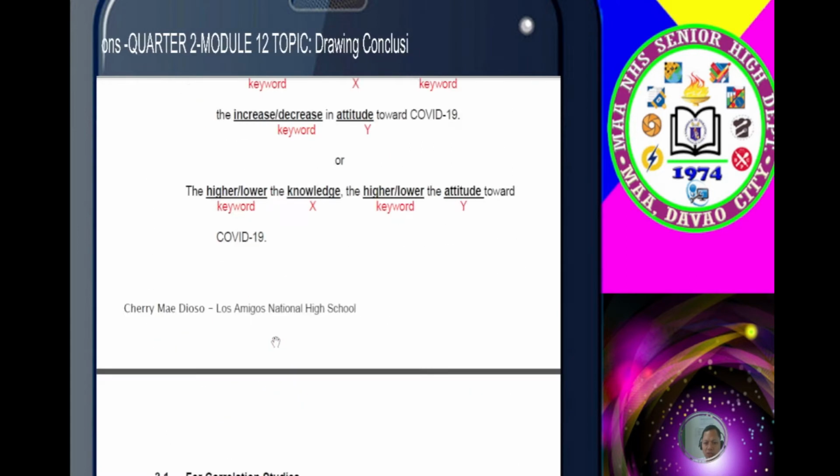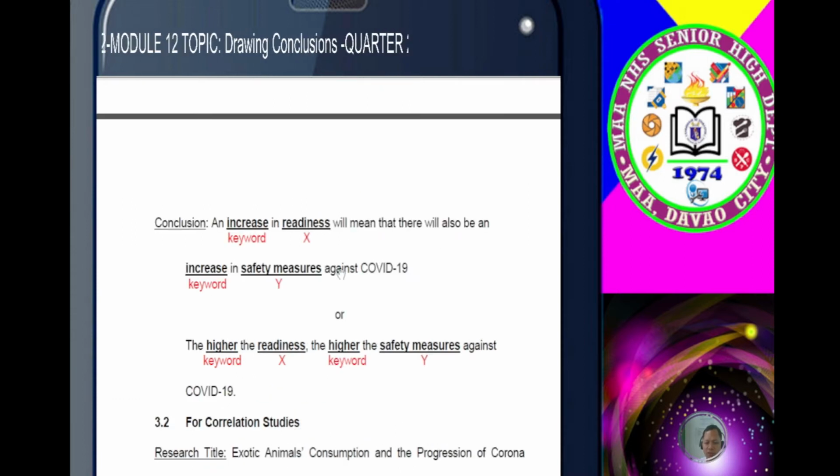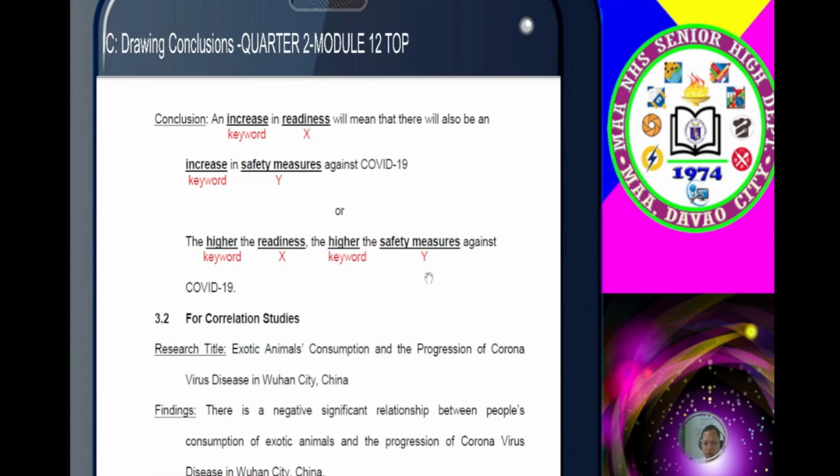So here's the conclusion: an increase in readiness will mean that there will also be an increase in safety measures against COVID-19. Or you can state it in other terms: the higher the readiness, the higher the safety measures against COVID-19. So that's another way to state the conclusion.